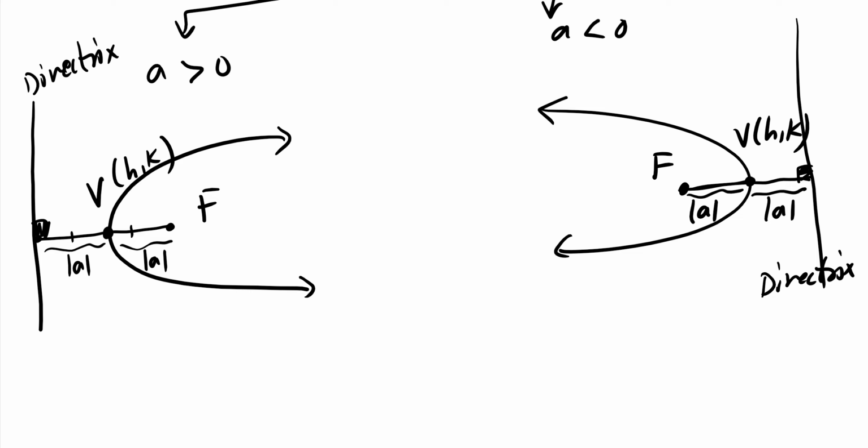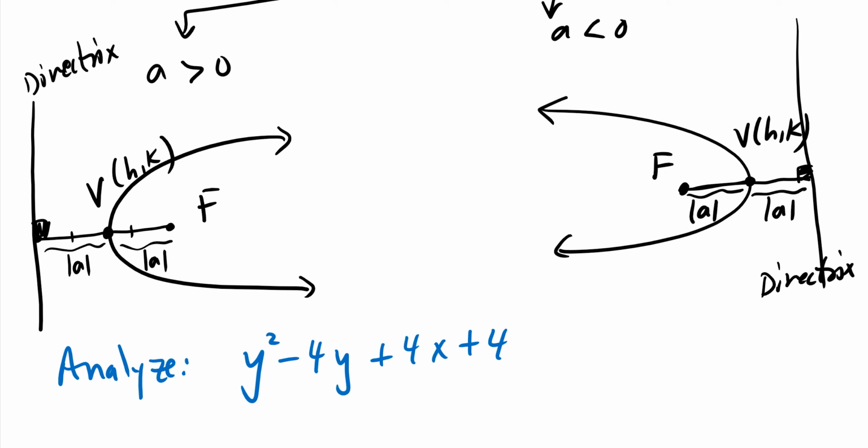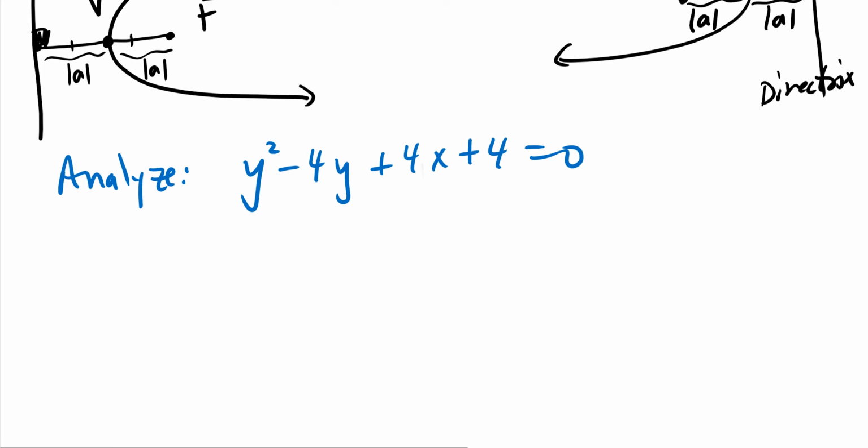So what if they ask us to analyze something like y squared minus 4y plus 4x plus 4 equals 0? Notice it's not written like y minus something squared or x minus something squared. So this means we have to do the extra work, which we call completing the square.